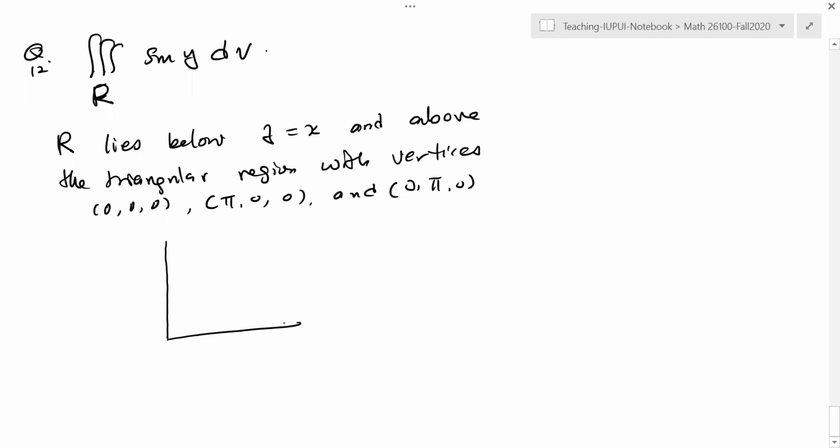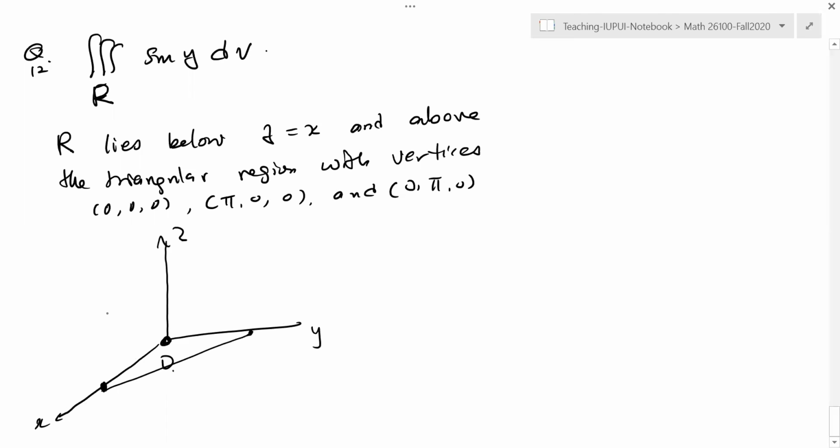Okay, so this is a picture. It's the xy plane, with the vertices marked, pi on the x axis. So this is a triangle. That's my D. Now z equals x. What does it mean, z equals x?